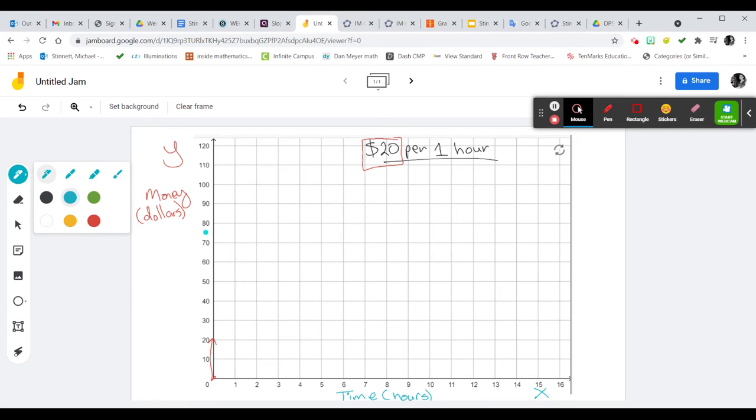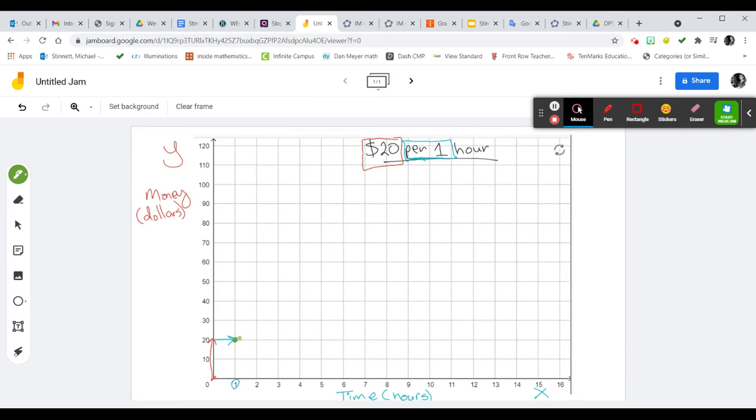Then, since I make those $20 in 1 hour, per 1 hour, I'm going to go over 1, right? You see how the 1 is right here? Okay. So then I'm going to put my point there. That'll be where my first point is. And that point represents 1, 20, meaning $20 in that 1 hour.